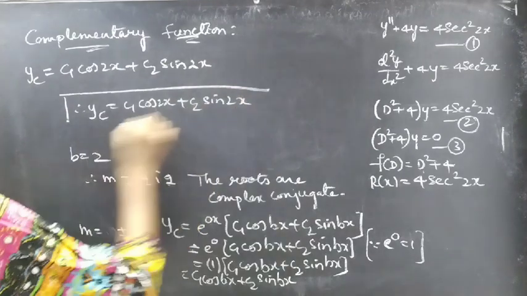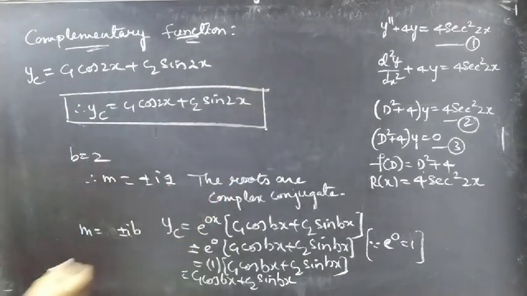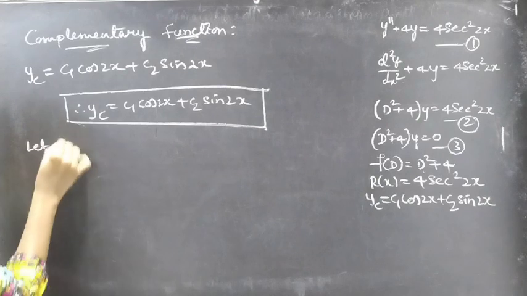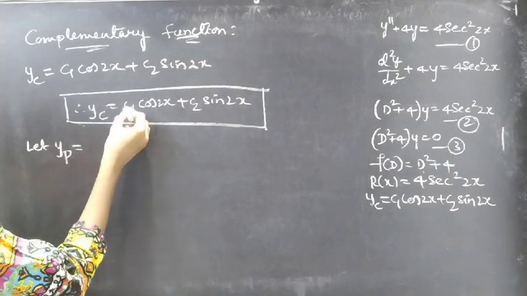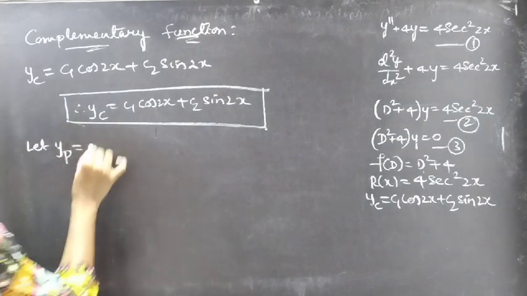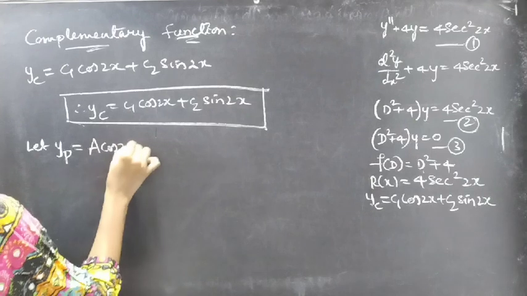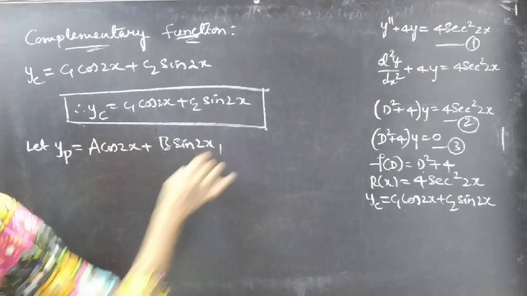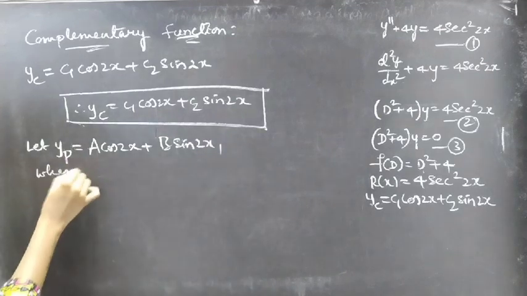Now using this we'll write yp just by changing parameters with some functions of x. Let yp equal to, change the parameters or constants with functions of x, a and b. We'll have a cos 2x plus b sin 2x, where a and b are functions of x.